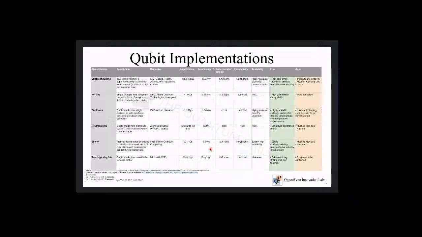Before I go on, are there any questions so far? I think that pretty much covers the various ways to implement qubits. I did not go into detail because it's really difficult to go into the details of these technologies in such a short time. My goal was just to give you an idea of the various approaches that are possible to implement qubits, and just briefly mention what the pros and cons of each of these technologies are.